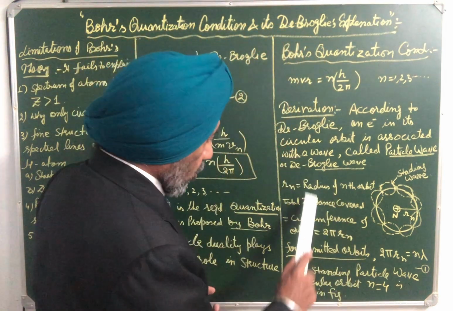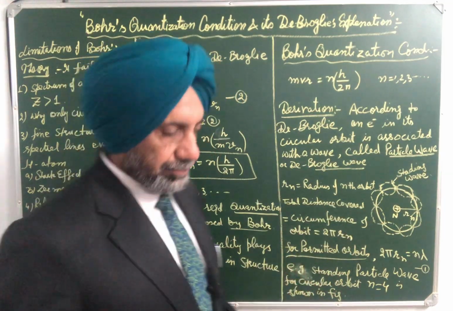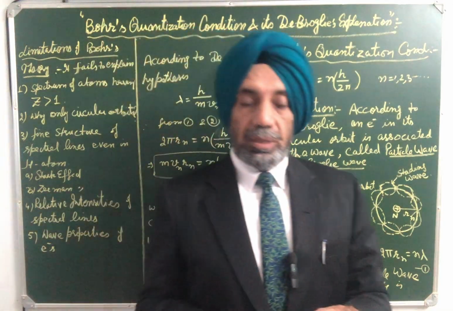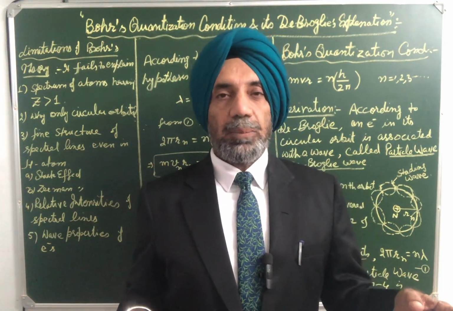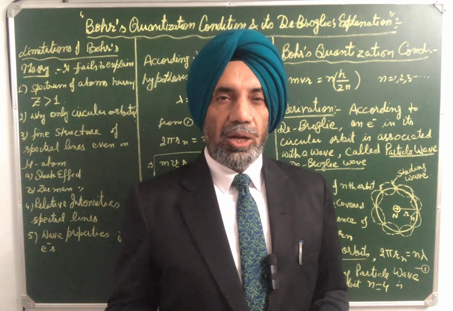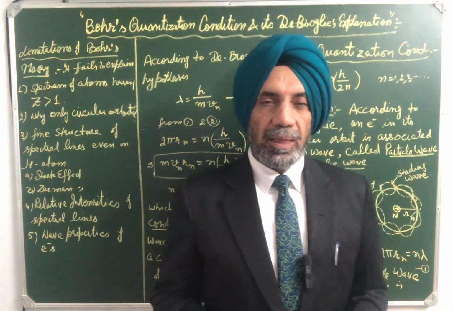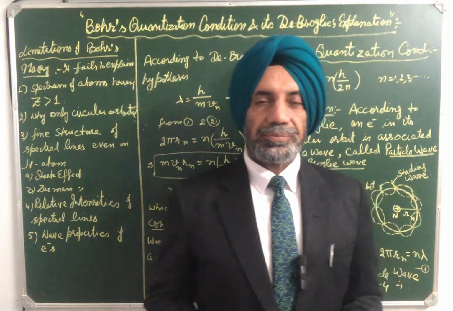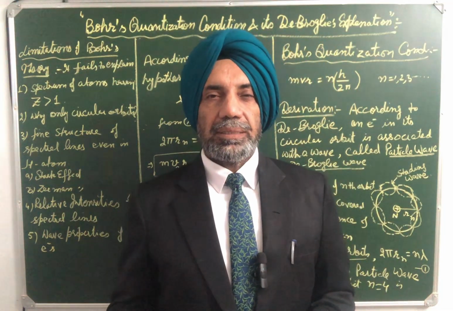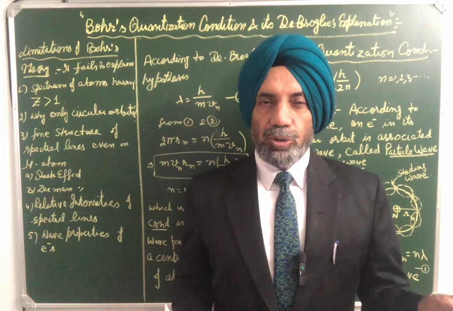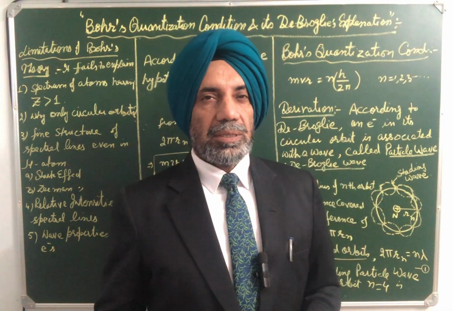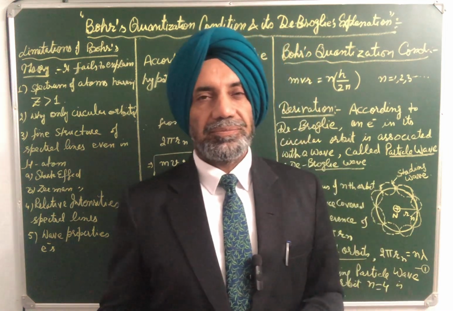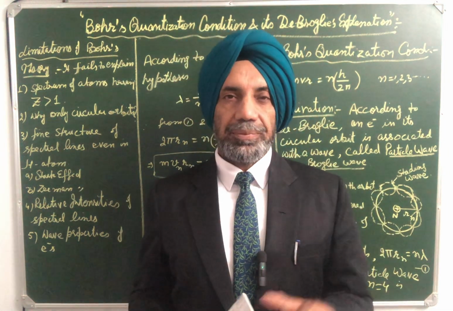Now why are we taking the total distance covered as 2 pi Rn? For that, suppose we have a string which is fixed at both ends. When the string is plucked, a number of waves can be produced, but only those waves which form nodes at the fixed ends of the string will survive.